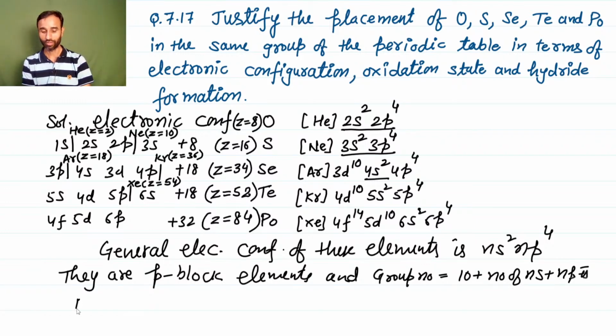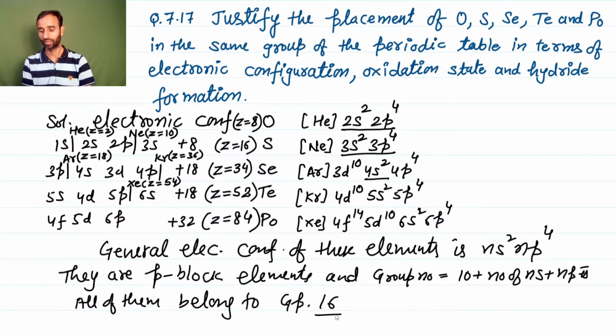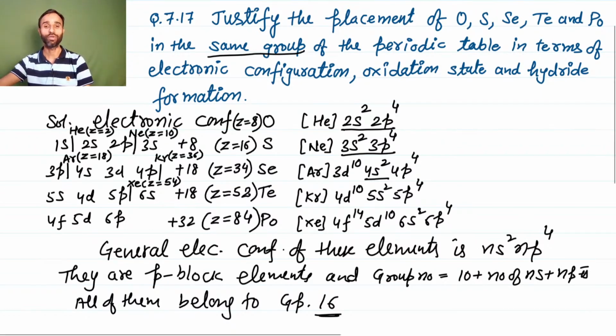So all of them belong to group 16. So the first justification that they are all placed in the same group is that their valence shell electronic configuration is the same, therefore they are in the same group.